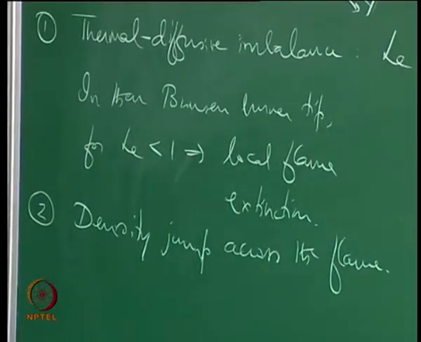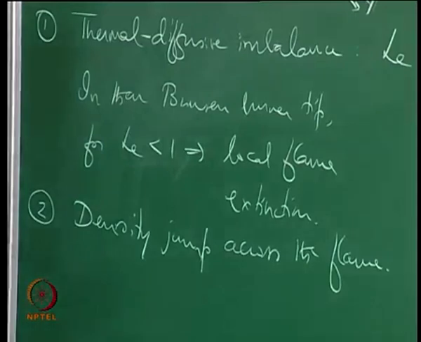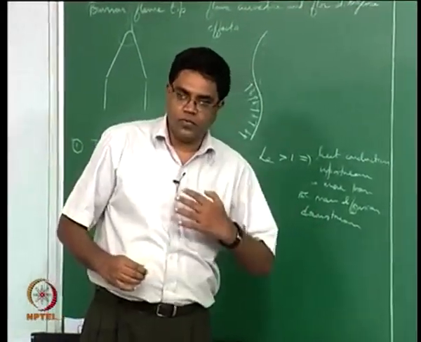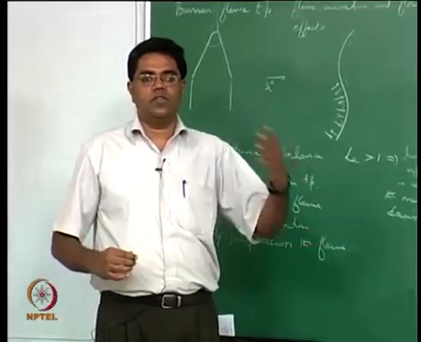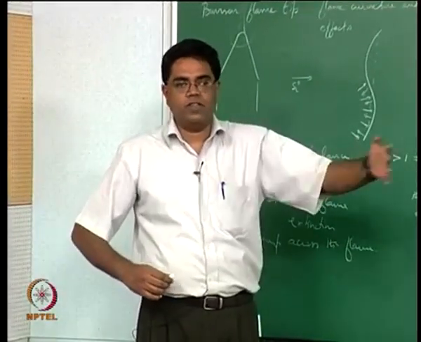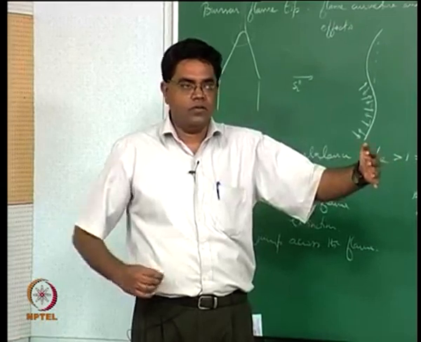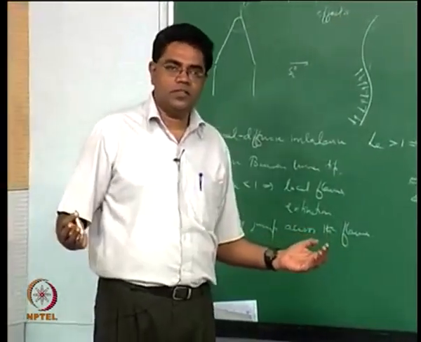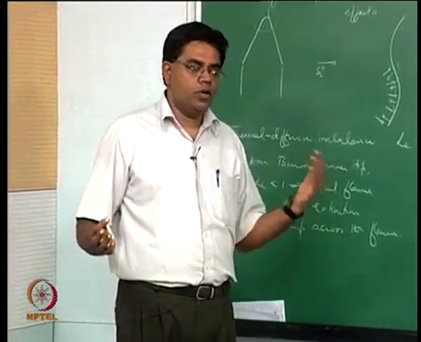So what is the consequence of having a decrease in density for the products relative to the reactants when the flow gets past the flame, right? Any ideas here? What's going to happen if the flow now tries to go past?